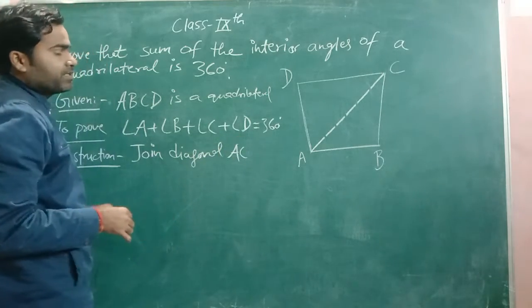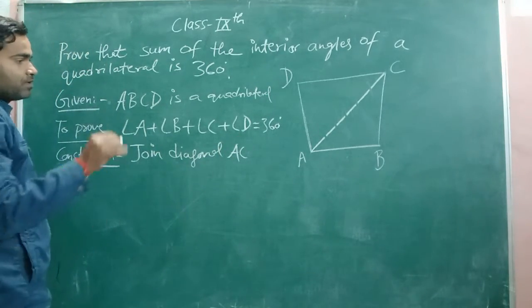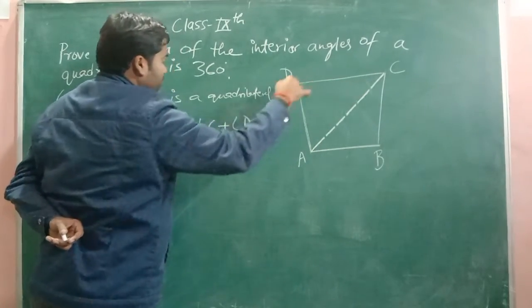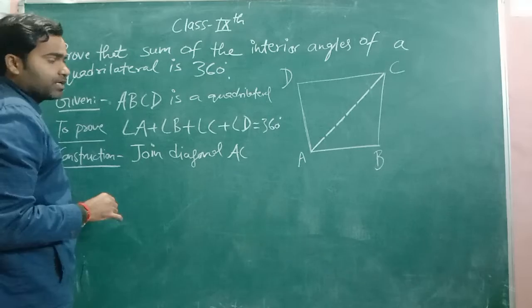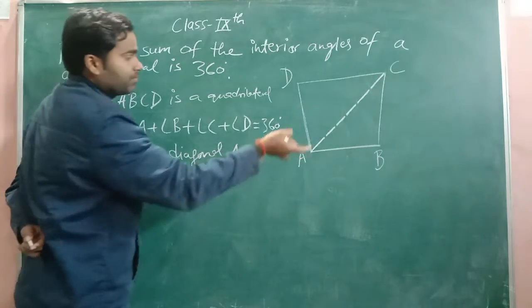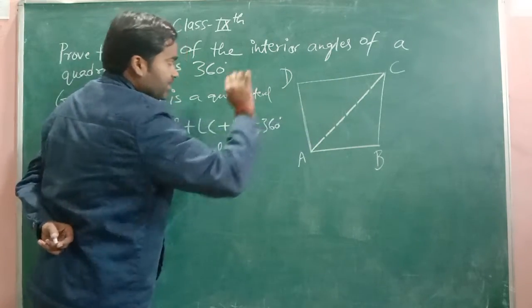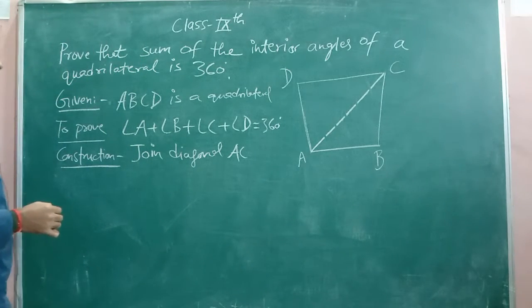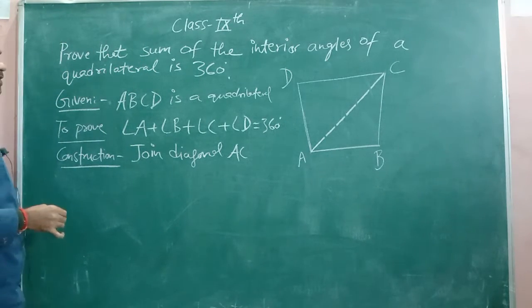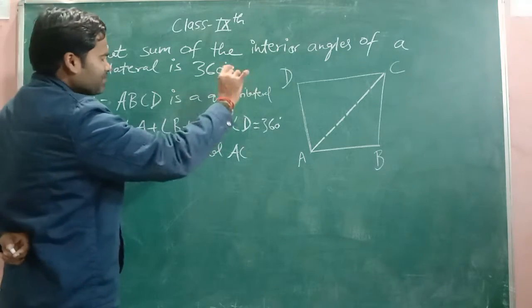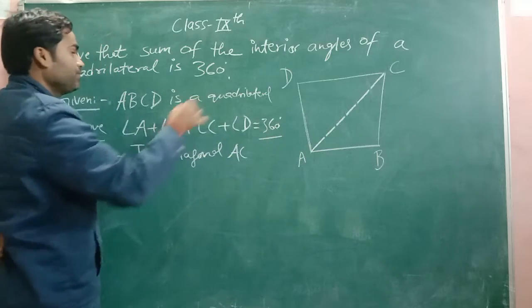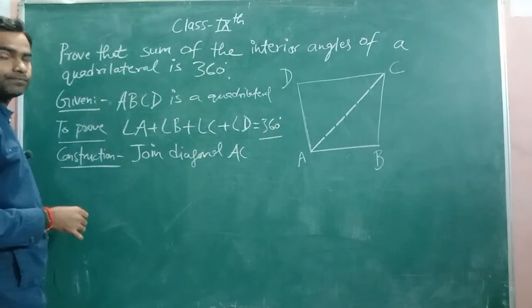The approach behind this is that the sum of interior angles of this triangle is 180 degrees, and the sum of interior angles of triangle ABC is also 180 degrees. After that, by equations first and second we will sum them up, and the sum of interior angles of the quadrilateral will be 360 degrees.